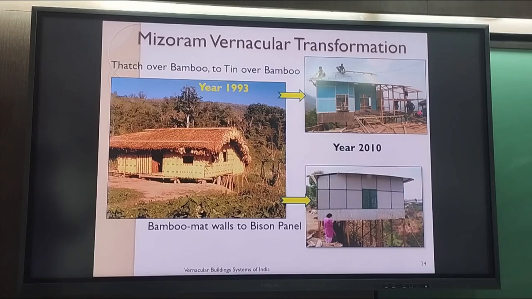Bison panels? They've been around for a long time. Instead of the cement sheets, you have these sheets which are different from cement sheets. Okay, there's cement in it. And they're good for certain things. But what you're seeing on the right side is a very, very common sight in Mizoram today.